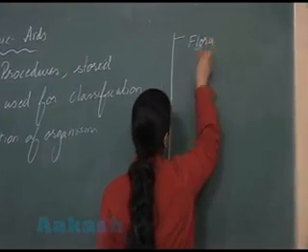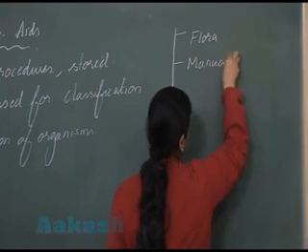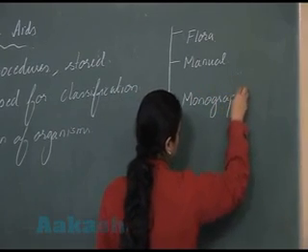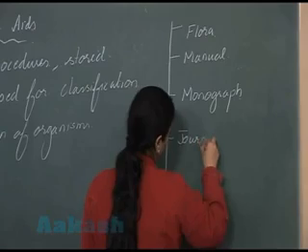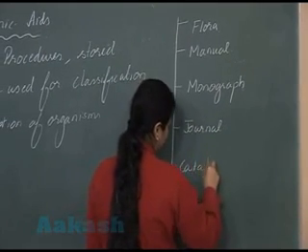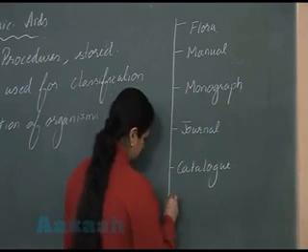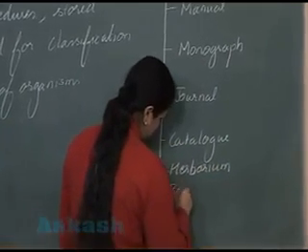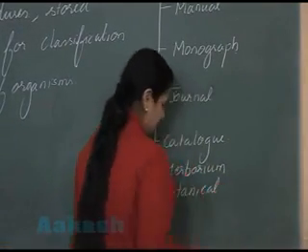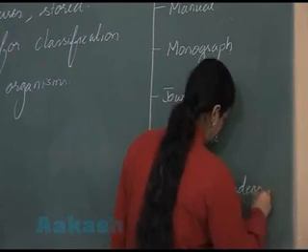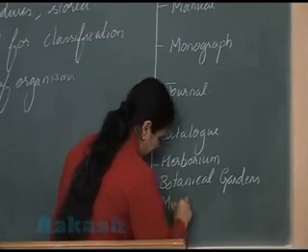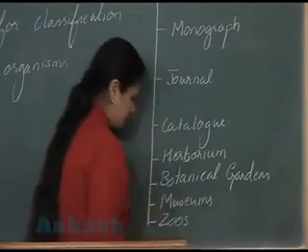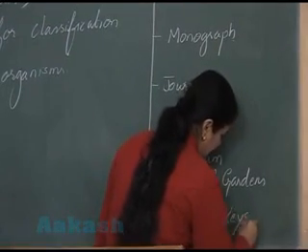flora, manual, monograph, journal, catalog, herbarium, botanical gardens, museum, zoological parks, zoos and taxonomic keys.